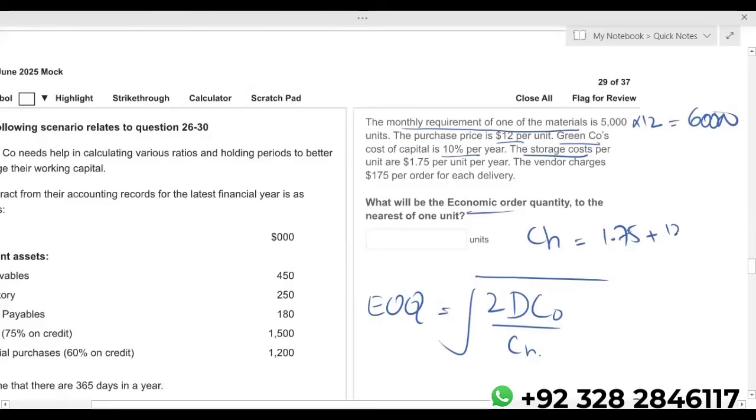That is your financing cost, 10% of the purchase price. Because if there wasn't any cost of capital, I would have taken only 1.75. So my holding cost is not only 1.75, I'm bearing the financing cost as well. So 12 into this. So now your holding cost is actually 2.95.